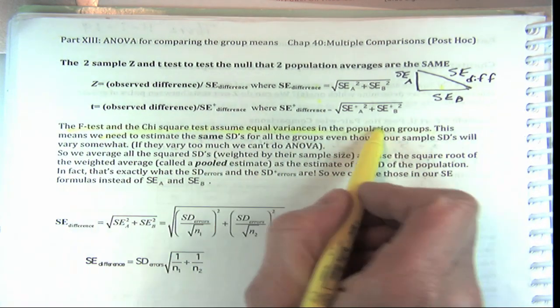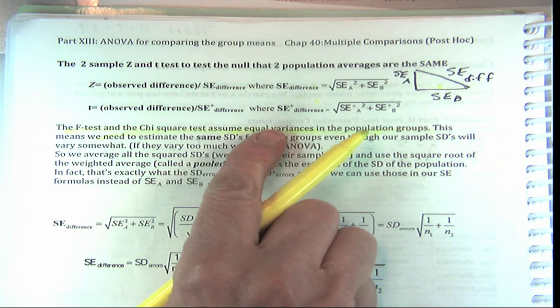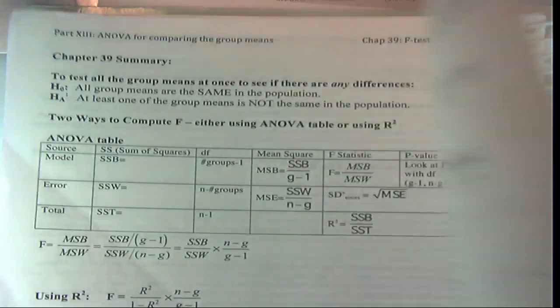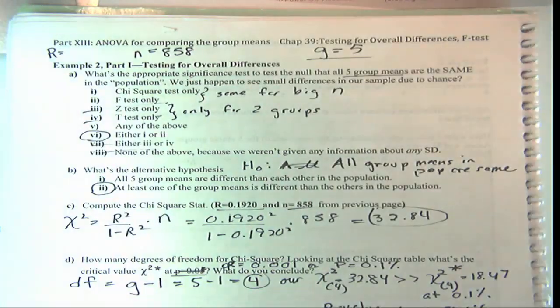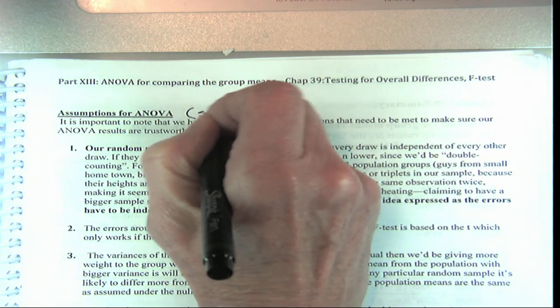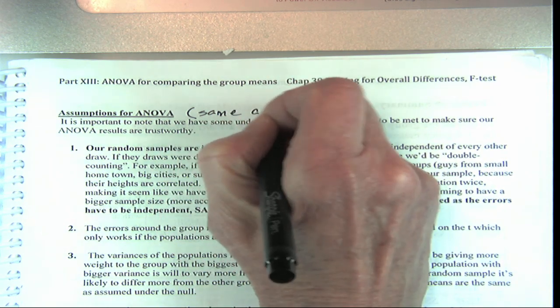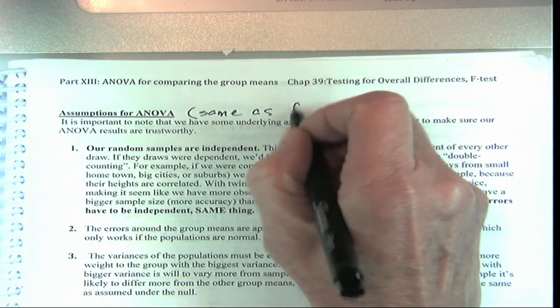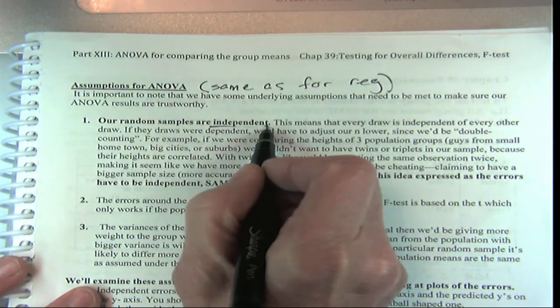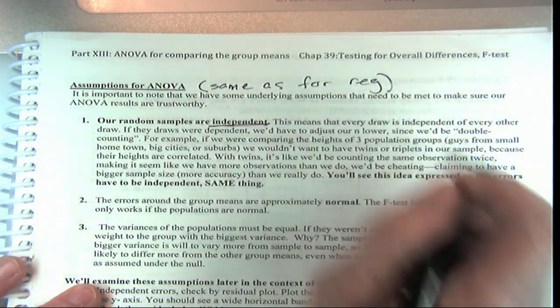So we have this, I think that's a page we skipped. We can just check on it. I'll show you where that comes from. So we can go back. Right here on page 180. Those were the assumptions for ANOVA. They're the same as for regression. So there's nothing new here. Same as for regression. We've already had this. And independent, here's those three assumptions about the errors.